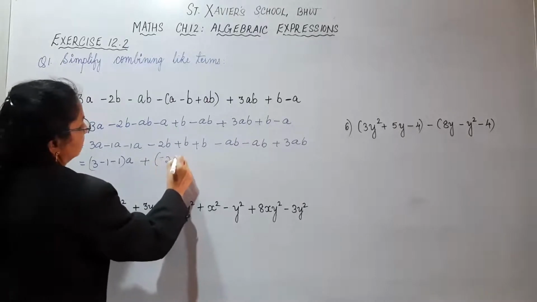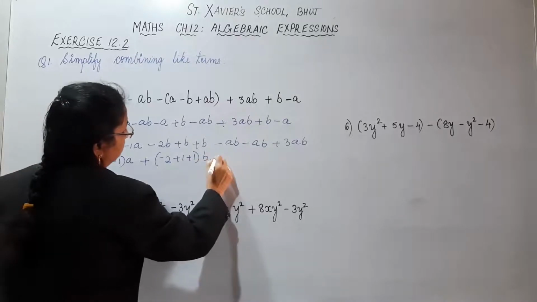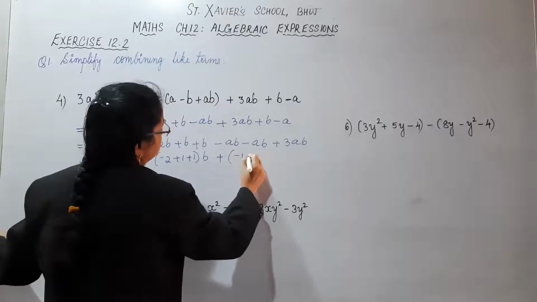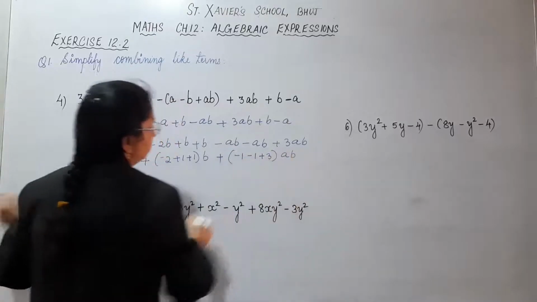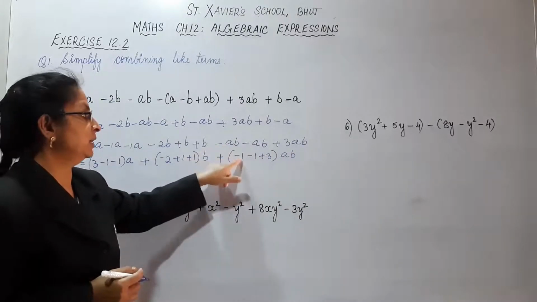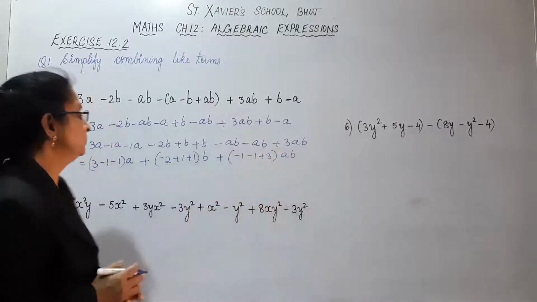Minus 2 plus 1 plus 1 b. Now again plus sign I am taking. Minus 1 plus 3 ab. I hope it is clear. Here the coefficient is minus 1, here it is minus 1, and here it is 3.